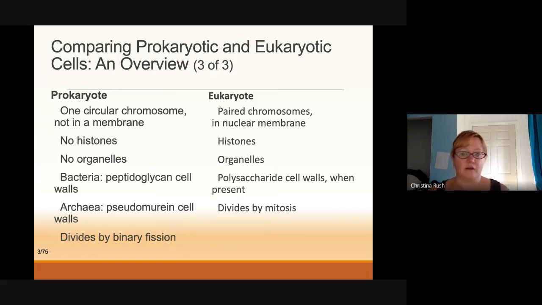They say that eukaryotes never have cell walls. Well, that's not true. Animal cells don't have cell walls, but fungal cells, yeast cells, those have cell walls, and they're going to have chitin in their cell walls, which we'll look at in a little while. Eukaryotes also divide by mitosis, so they're going to have a different and much more complex division.